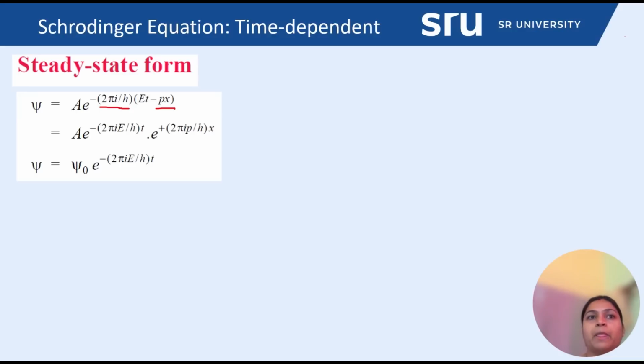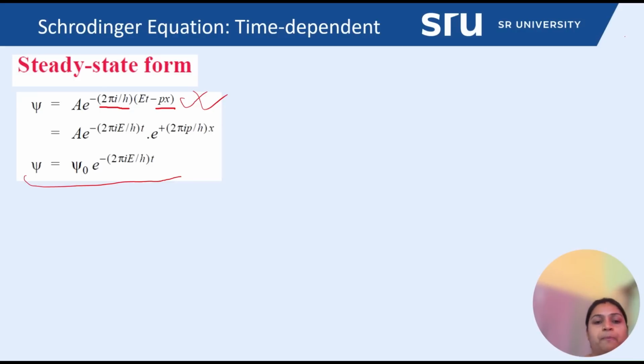So the one dimension wave function psi for an unrestricted particle may be written in this form. Basically psi is the product of the position dependent function psi naught and a time dependent function e to the power minus 2 pi i E t by h.